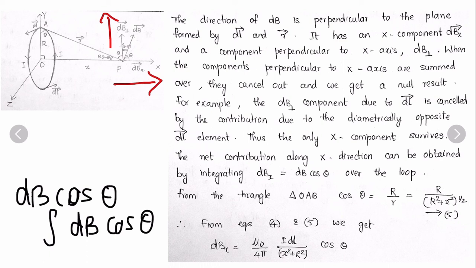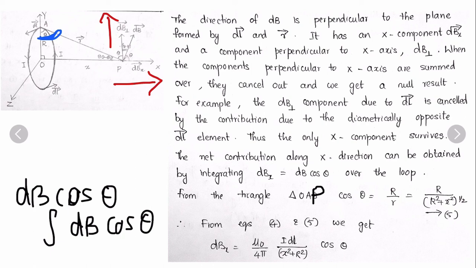Before going for the full circle, let us take a triangle, the triangle OAP. Here cos theta is equal to, here you get theta, where I am showing, or else I will use another color. Here the blue one is theta.